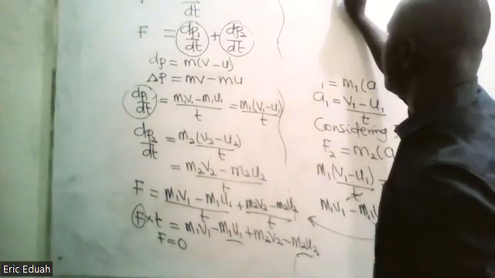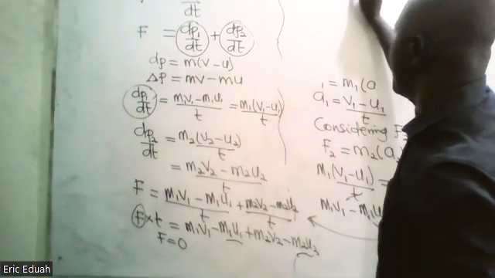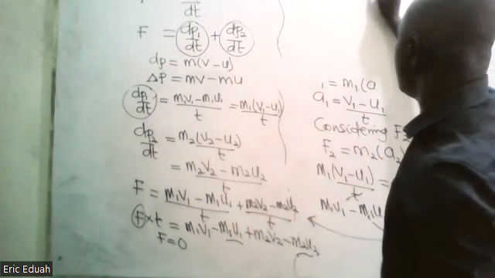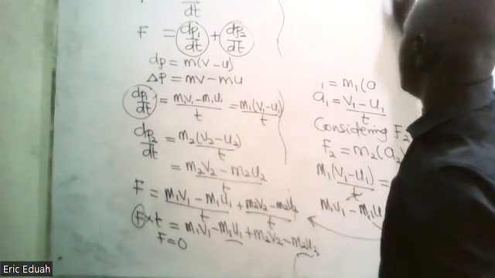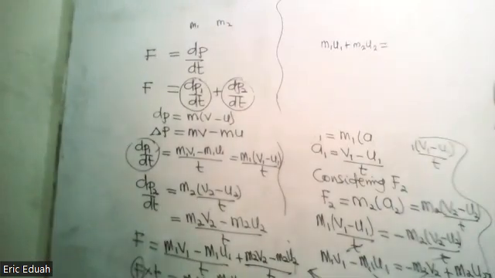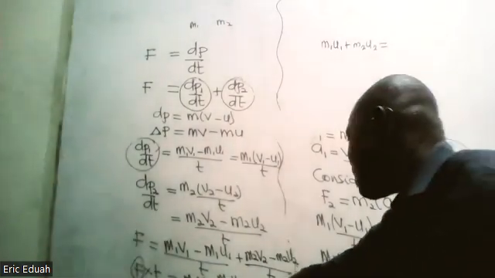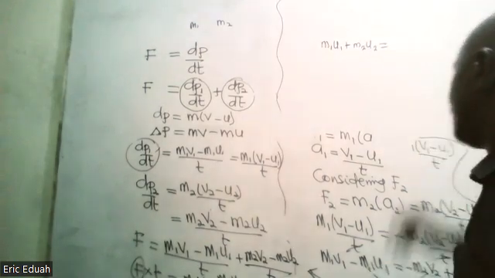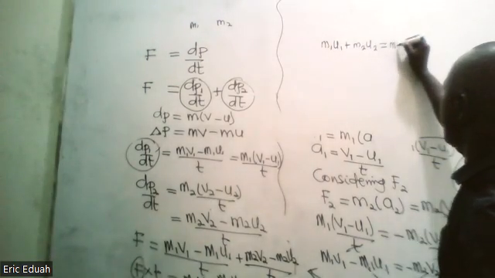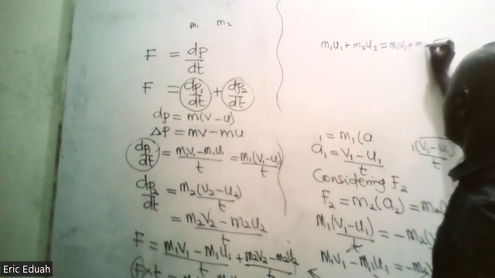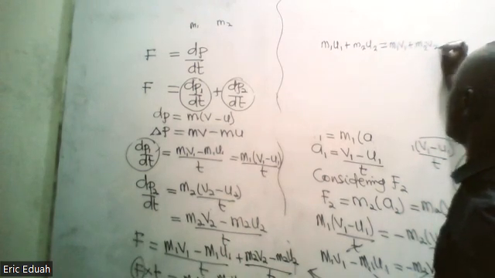So M1 U1 plus M2 U2 is equal to M1 V1 plus M2 V2.